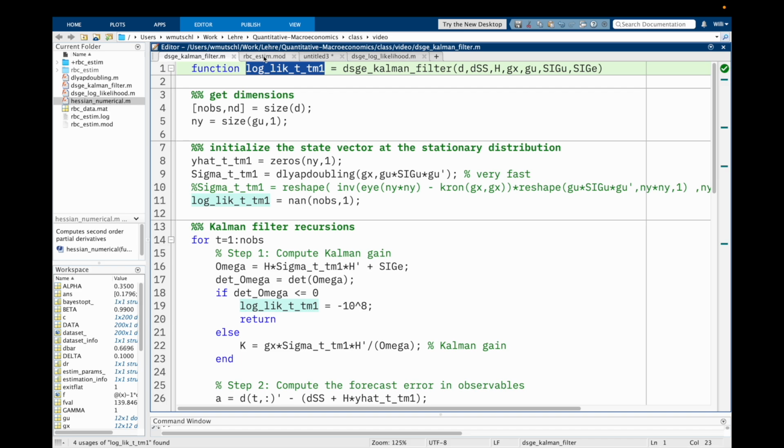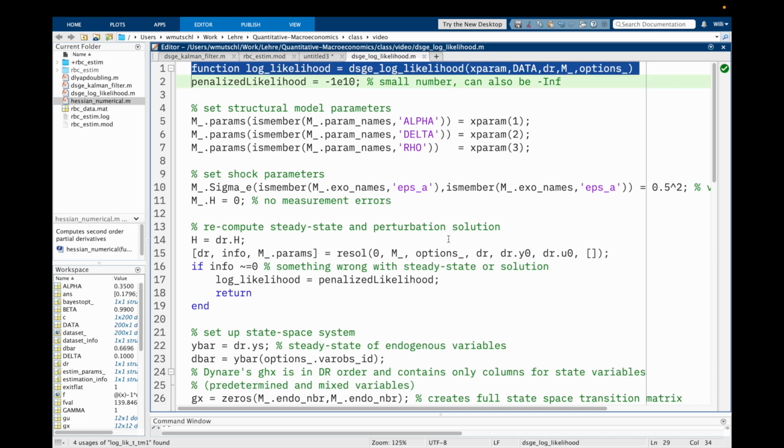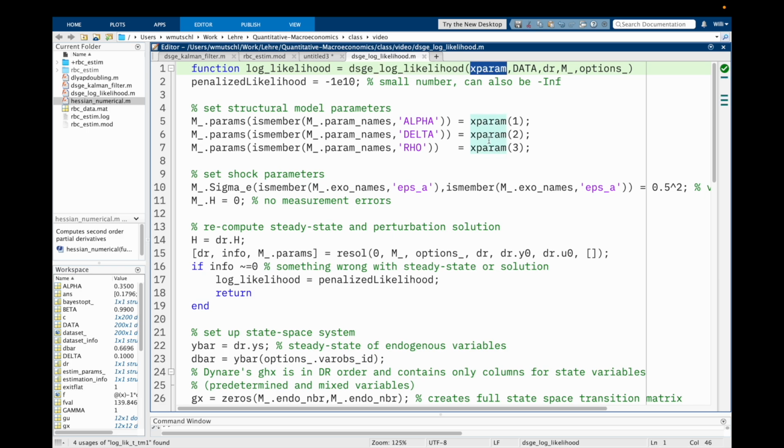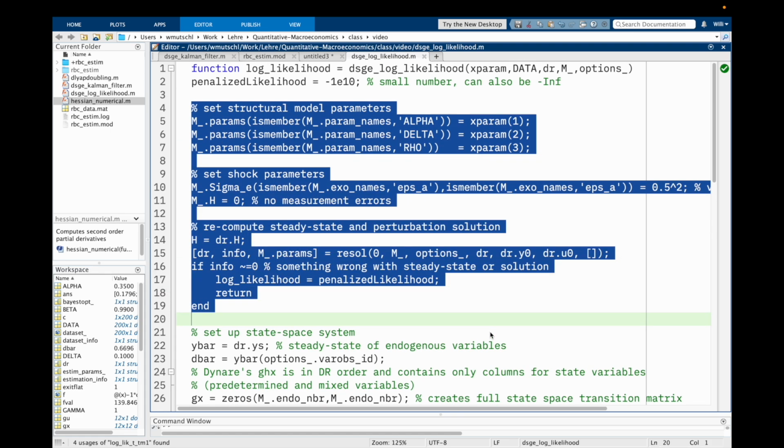Now I have another function which calls the Kalman filtering routine, right? For any change in parameters that I want to do, for data, information on my decision rule, some model information, some options. And here, very importantly, whenever my parameters change, the steady state changes, and the solution, the gx and gu matrices, will change because they are Taylor approximations at the steady state.